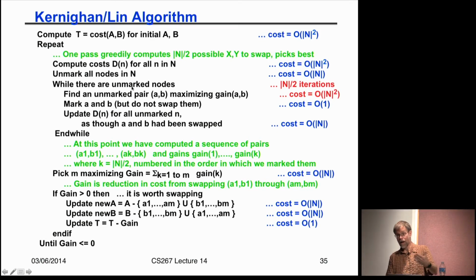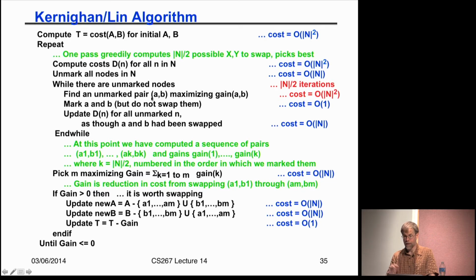While there are some unmarked nodes that are possible to consider swapping, find a pair, little a and big A, little b and big B, that has the maximum gain, that decreases the cost the most. So I just look at all of them, and I'm going to mark them. I'm not going to swap them yet. I'm just going to say I'm tentatively going to swap you, and they're marked. And then I'm going to update all of the costs as though I had swapped them, and keep going.